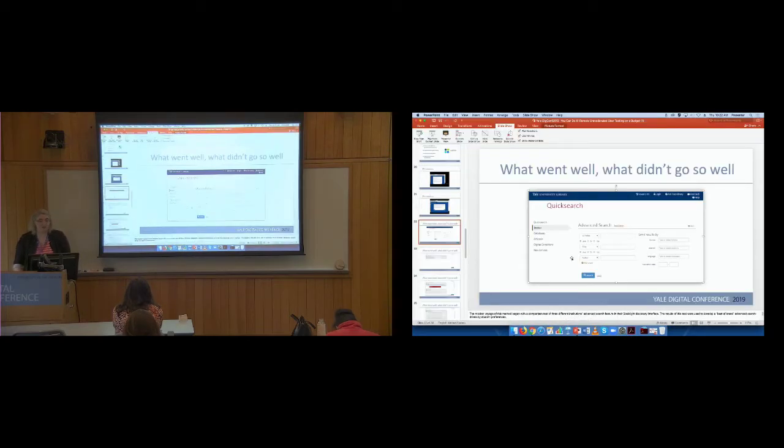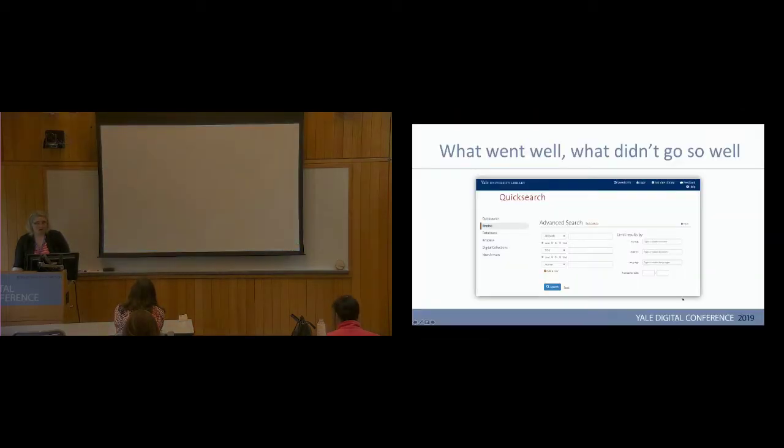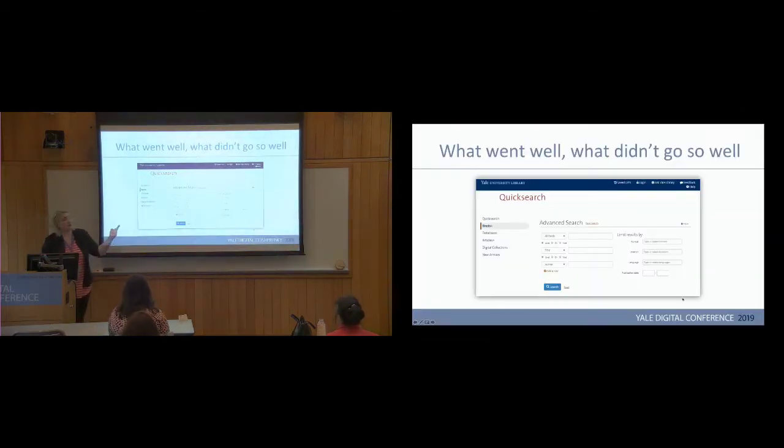But this screenshot is what we ended up with out of the advanced search testing. So these ands, ors, and nots, that's from Cornell. Add a row, that's also from Cornell. The results limiter is from Princeton. And Columbia, we actually have their code base, so this is also very much Columbia as well. So this is a best of breed.